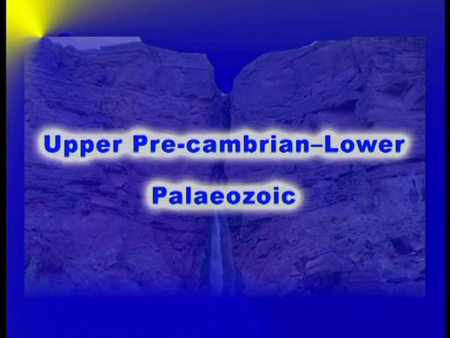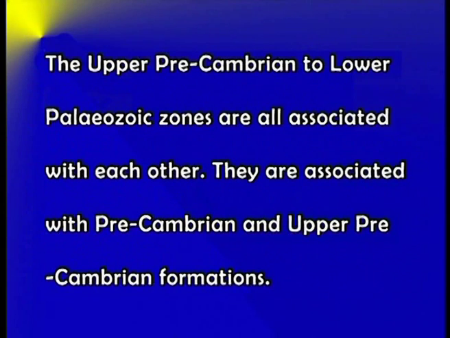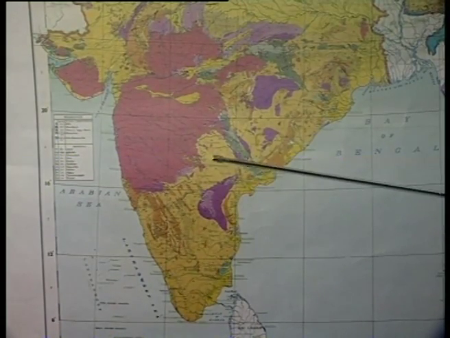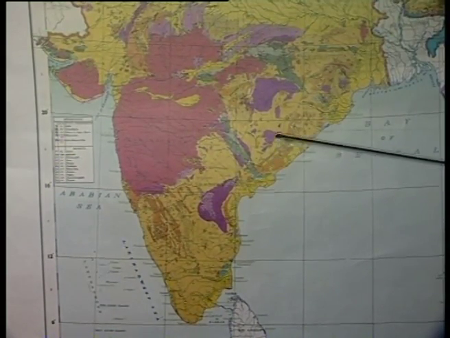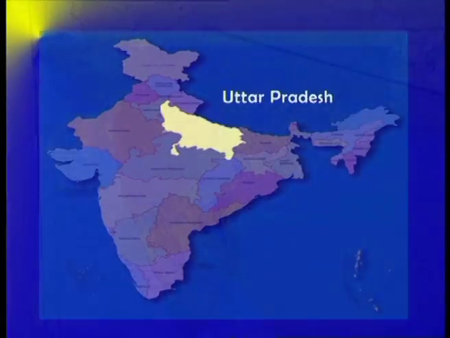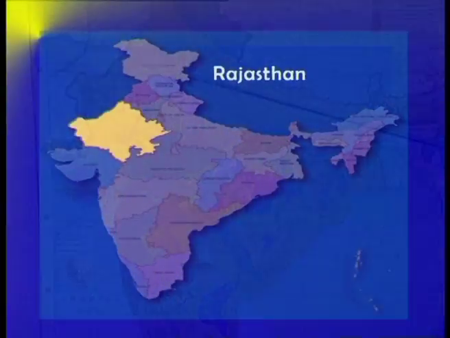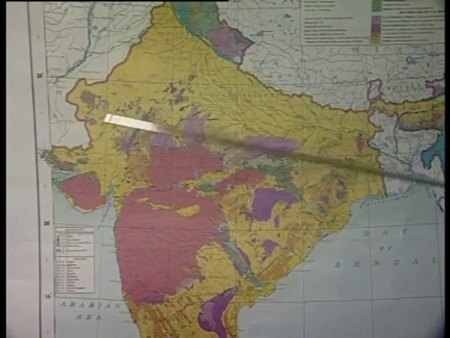Upper Precambrian to Lower Paleozoic. The Upper Precambrian to Lower Paleozoic zones are all associated with each other. They are associated with Precambrian and Upper Precambrian formations. These are found in Andhra Pradesh, enclosed with Precambrian formation, and also in Uttar Pradesh, Madhya Pradesh, Uttaranchal, Rajasthan and some northeastern parts of India.